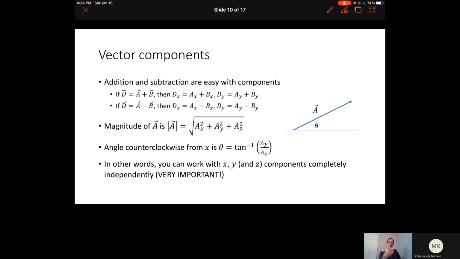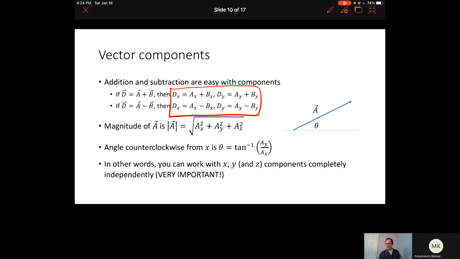The other thing that I want to emphasize now, it's going to come back quite a bit throughout the course of the class, is that these formulas, the fact that I can simply add or subtract the components independently, means that the x, y, and z components of the vector will basically behave independently. So I just work with x, solve that problem, work with y, solve that problem, work with z, solve that problem.